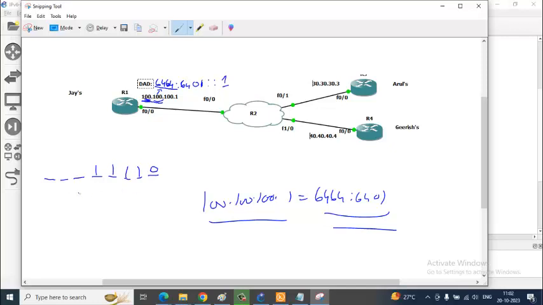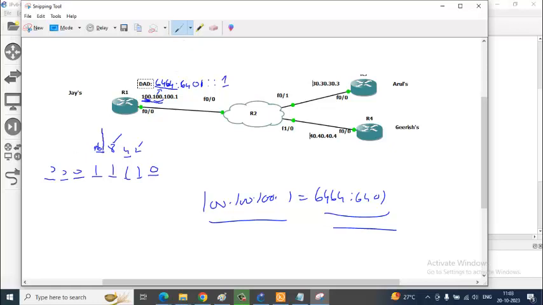This is 30. Is that correct? You see, 16 plus 8 plus 4 plus 2. 16 plus 4 is 20, 8 plus 2 is 10. Totally 30. Am I right?